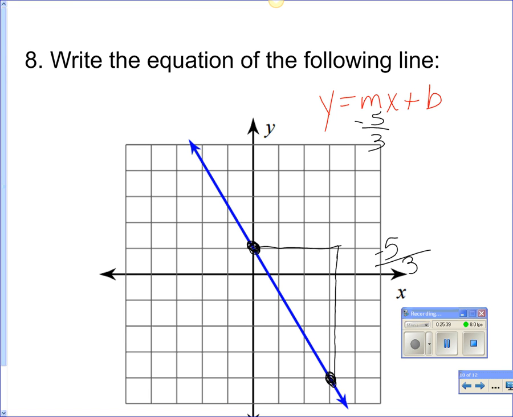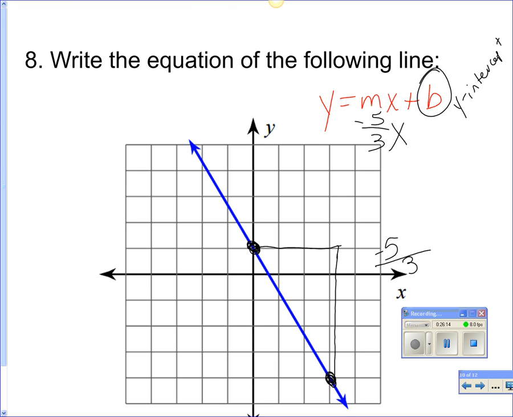Daniel, what has to go next to negative 5 over 3? What letter has to go next to this? X. Don't forget that. That will be wrong. Okay? Dylan, what does the B stand for? How about writing it down this time, please? B is your y-intercept. Okay, Andrea, give it a shot.